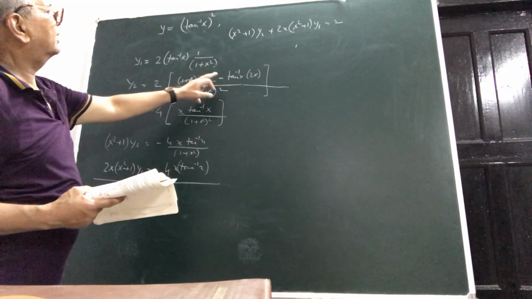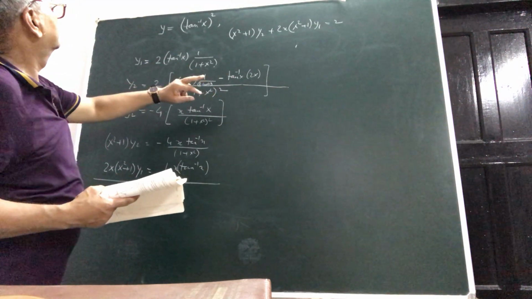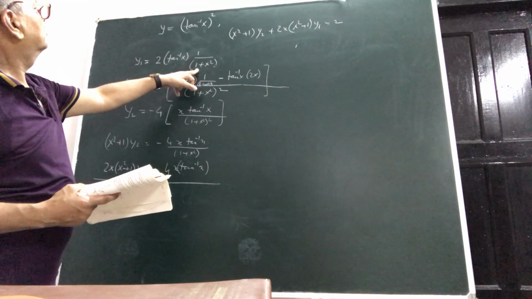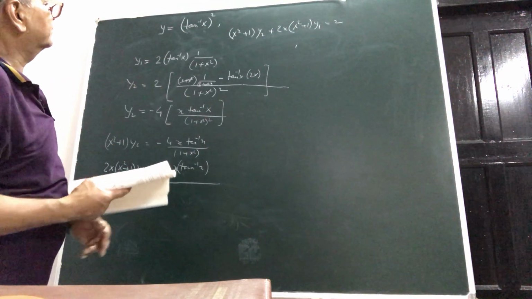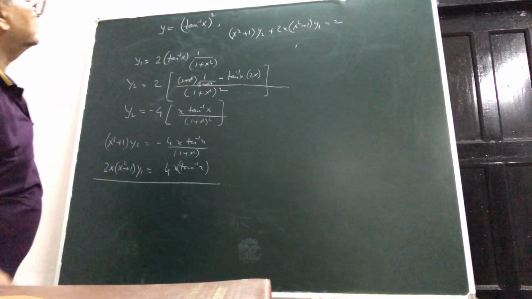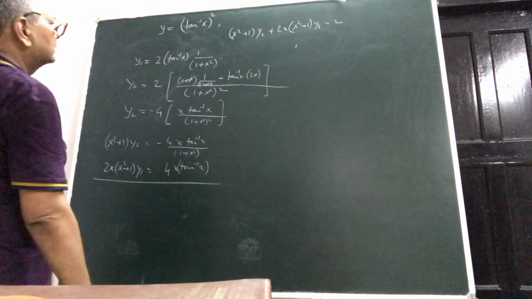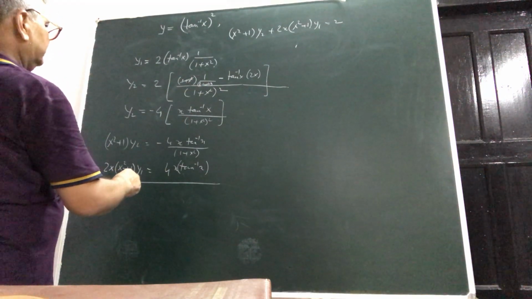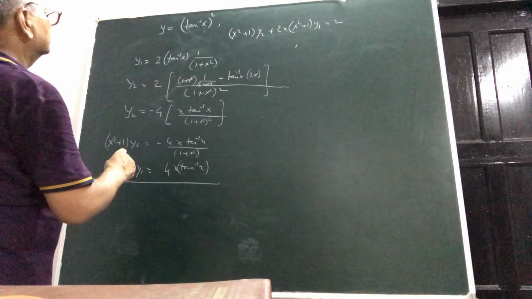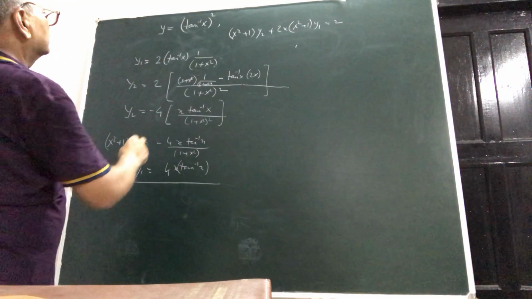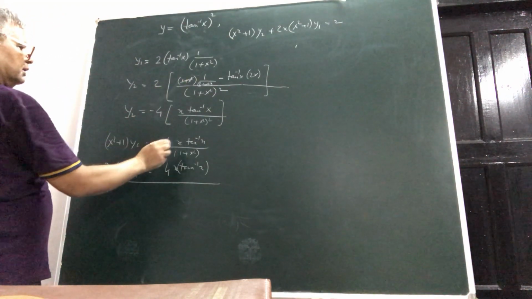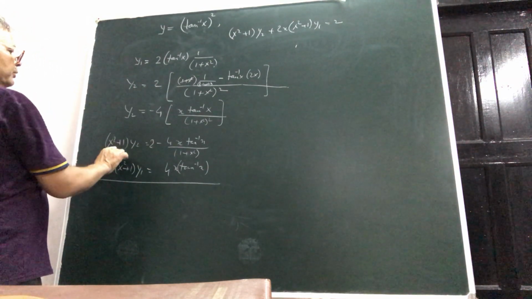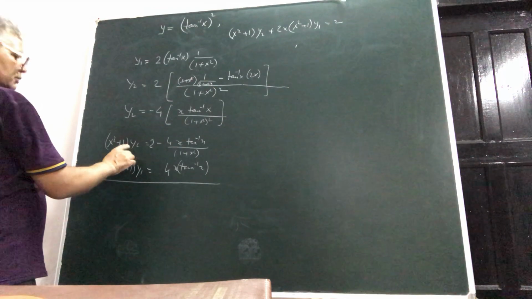So it is 1 minus tan inverse x and the derivative of 1 plus x square, that is 2x. Please see, this is the difficulty here. It is 2 also coming here.